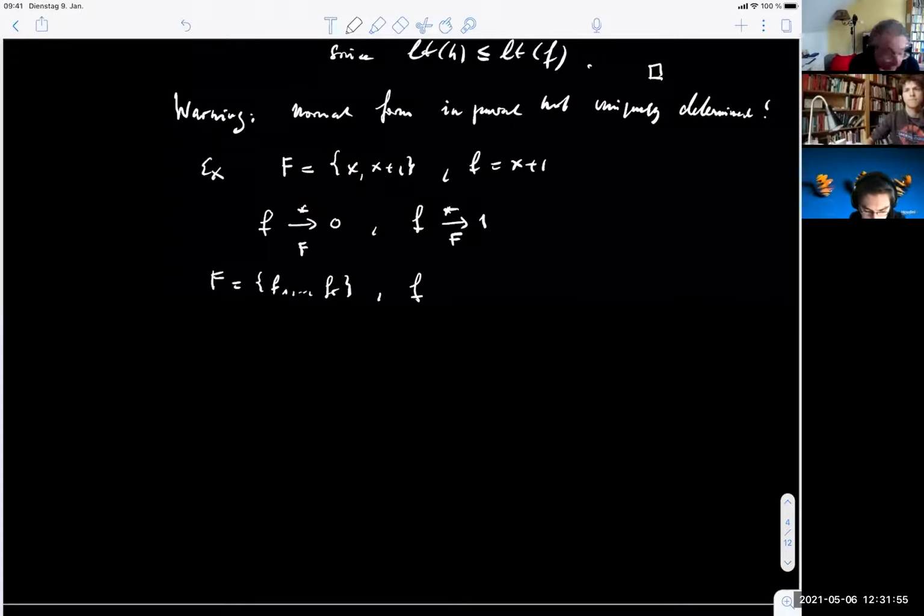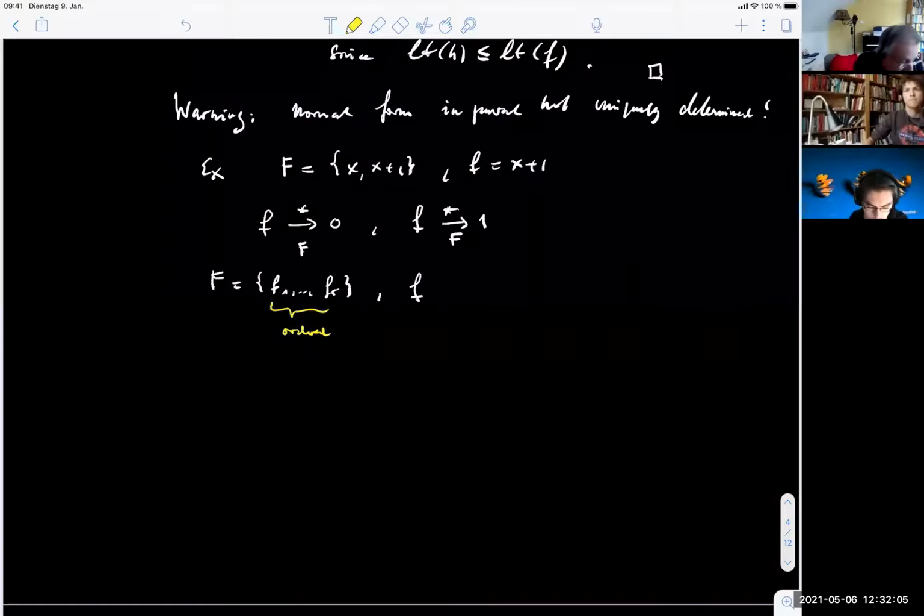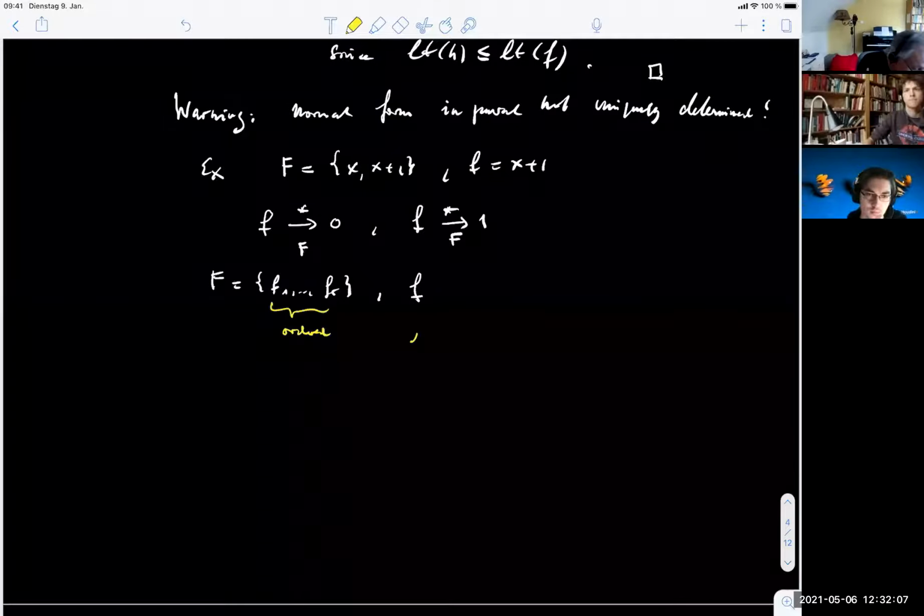If I order them, I've already numbered them. And then I say, let's first look at the leading term of F1 and see whether it divides a term of F. But I have to make it unique.